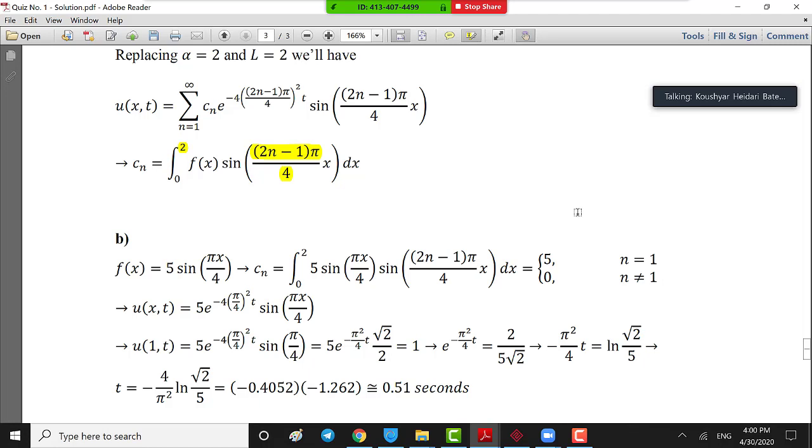Look, we had a rule for integration of the multiplication of two sines. Do you remember that? The rule said integration over one period, or integration from 0 to L of sine of n pi over L x times sine of m pi over L x dx is equal to 0 when m is not equal to n, and is equal to L over 2 when m is equal to n.